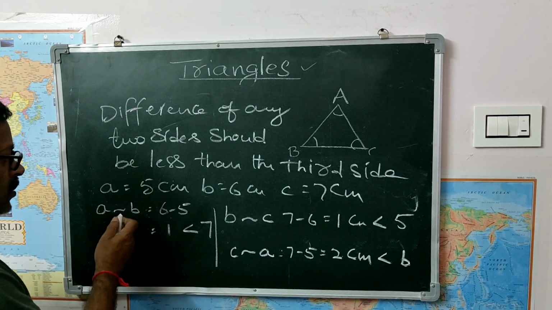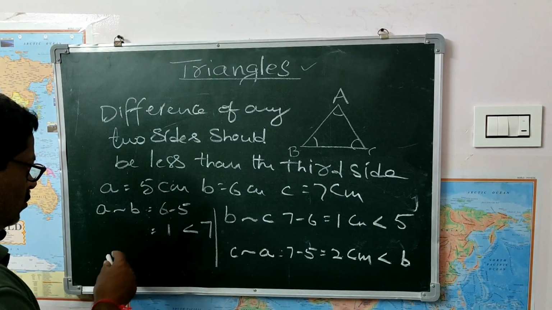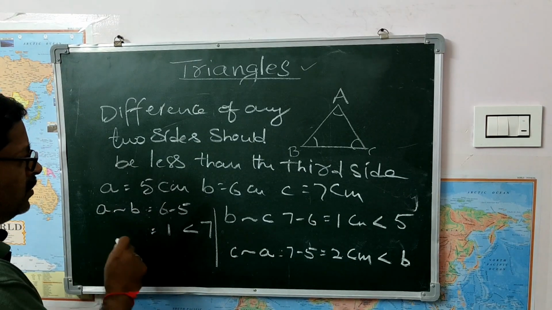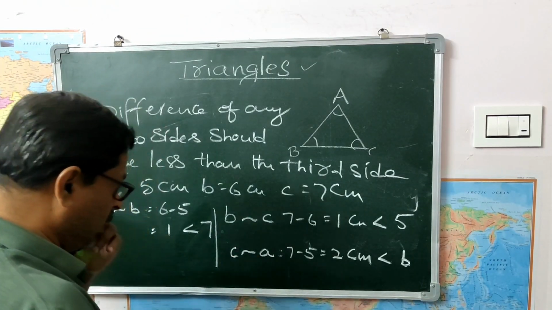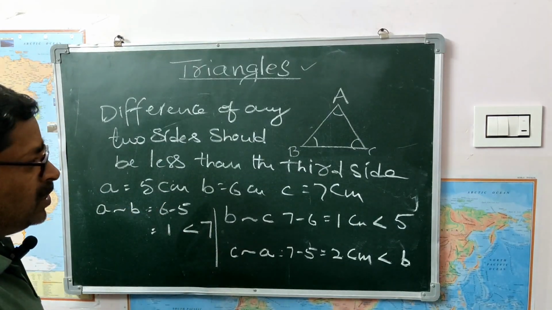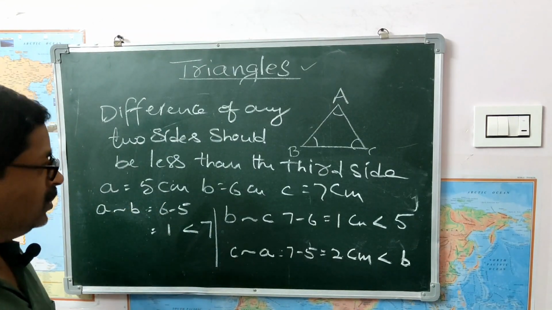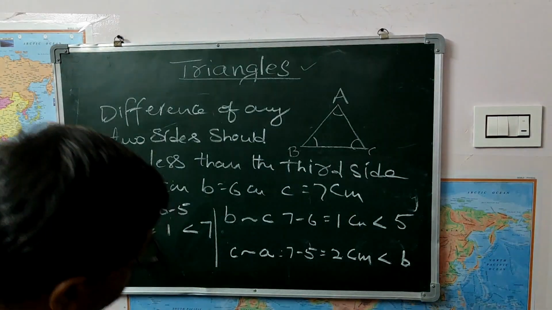Whichever is greater, we write first, and then the smaller one second. A difference B, B difference C, likewise C difference A. The difference has come less than the third side, which is clear. So with this set of measurements, you can form a triangle.